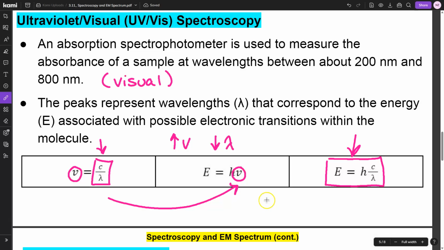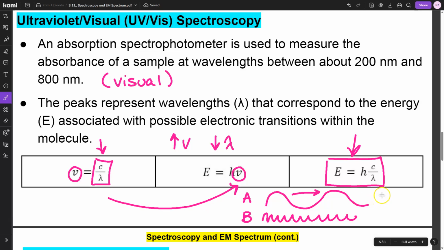So if we look at two waves, we've got wave A and we have wave B. Wave A is a much longer wavelength. There's more distance between the waves, whereas wave B is a smaller wavelength. There's less distance between the waves.